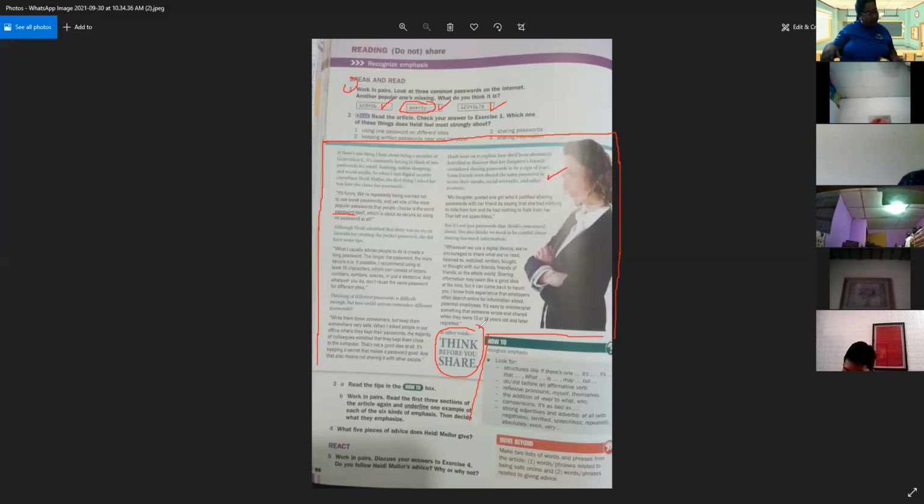For the next Friday, la tarea sería para el próximo viernes, you have to make a poster giving advice on internet security. Include Heidi's advice, the advice of this page, and at least 3 more ideas of your own, ¿ok?